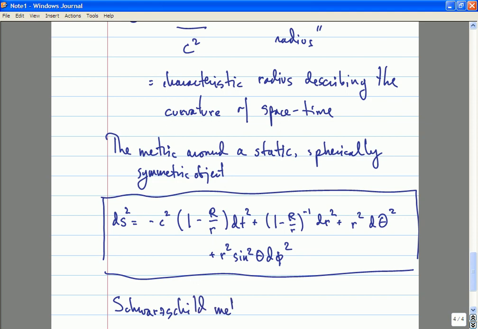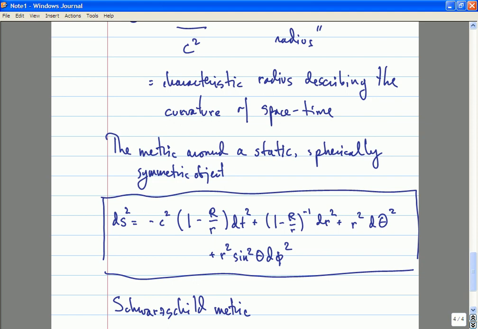It is, to a phenomenal degree of accuracy, the metric that describes spacetime in our solar system due to the curvature of the geometry of our solar system due to the sun, or the curvature around the Earth's surface due to the gravitational field of the Earth.